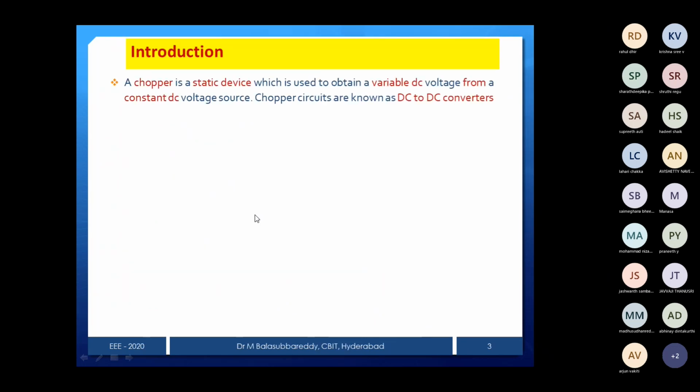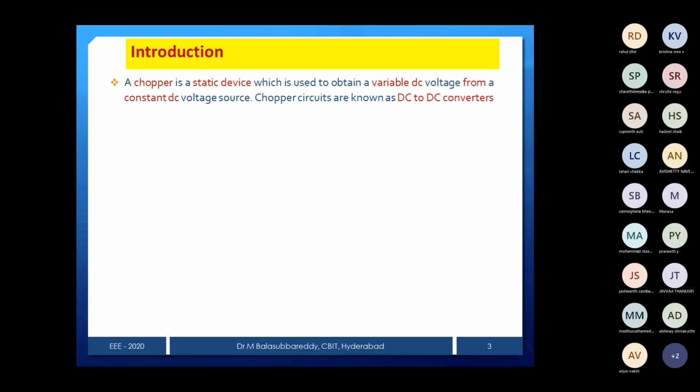So now we'll see the introduction. As you are aware, a chopper is nothing but a static device like a switch, nothing more than that, only controlling the switch, how much duration it is going to be turned on and how much duration it is going to be turned off. So all the things are only by doing the on and off intervals, that's all.